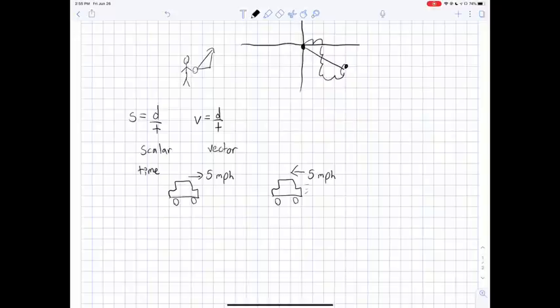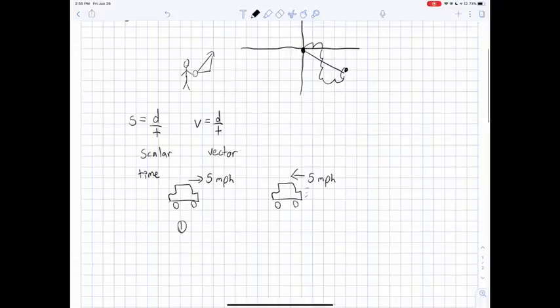I ask you, hey, what's my speed? You would still say, oh, your speed is 5 miles per hour. But if I ask you, for case one over here, what's my velocity? You say 5 miles per hour to the right. If I ask for case two, what's my velocity? You have to say it's either -5 miles per hour or you say 5 miles per hour to the left. And the reason for this is because with velocity, the direction of it matters. That's what makes it a vector.